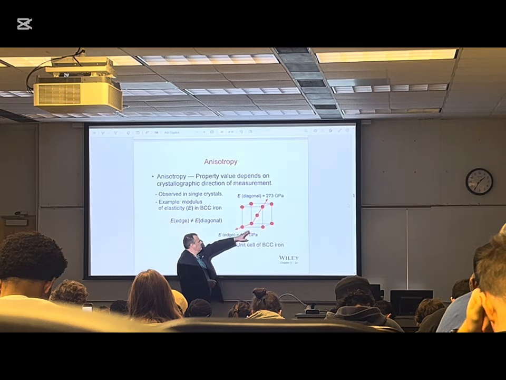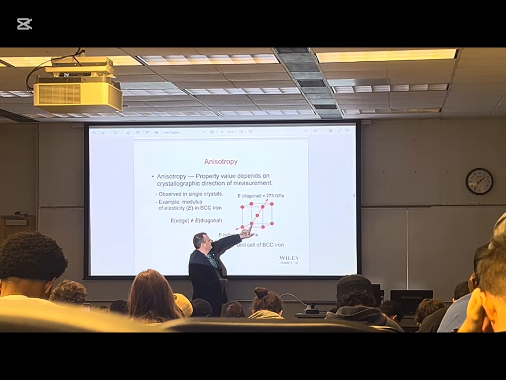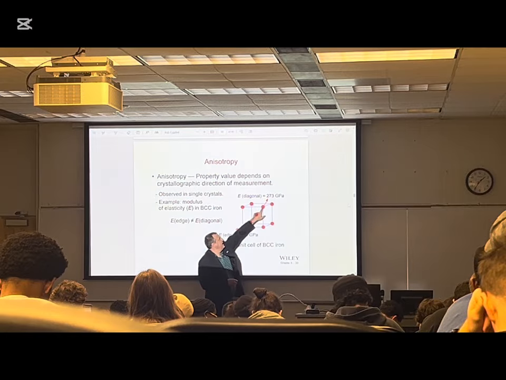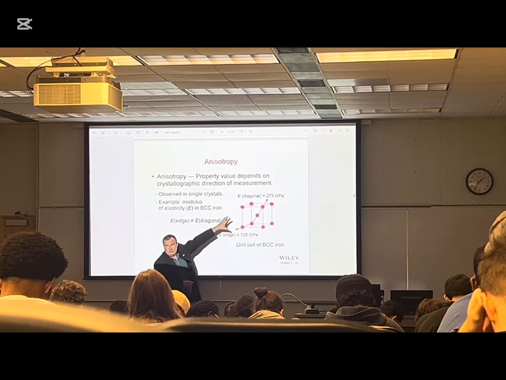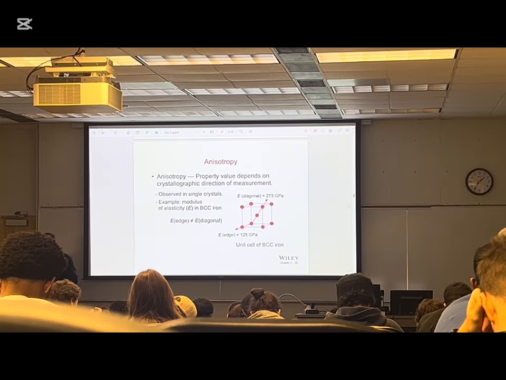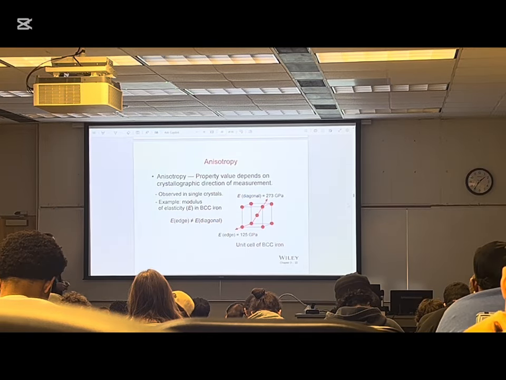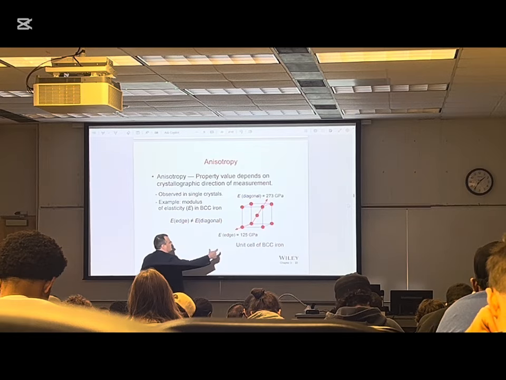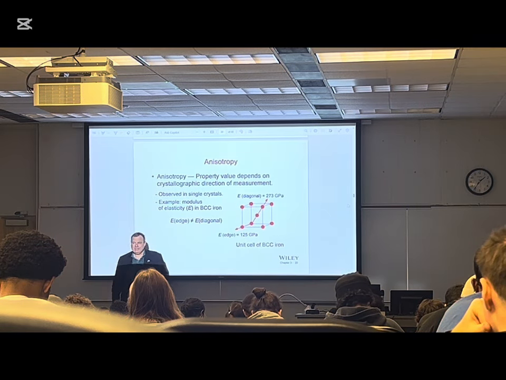This is BCC iron. You can see that along the diagonal, the stiffness, or the elastic modulus, is 273 gigapascals. But along this direction, it's only 125. Why is that?